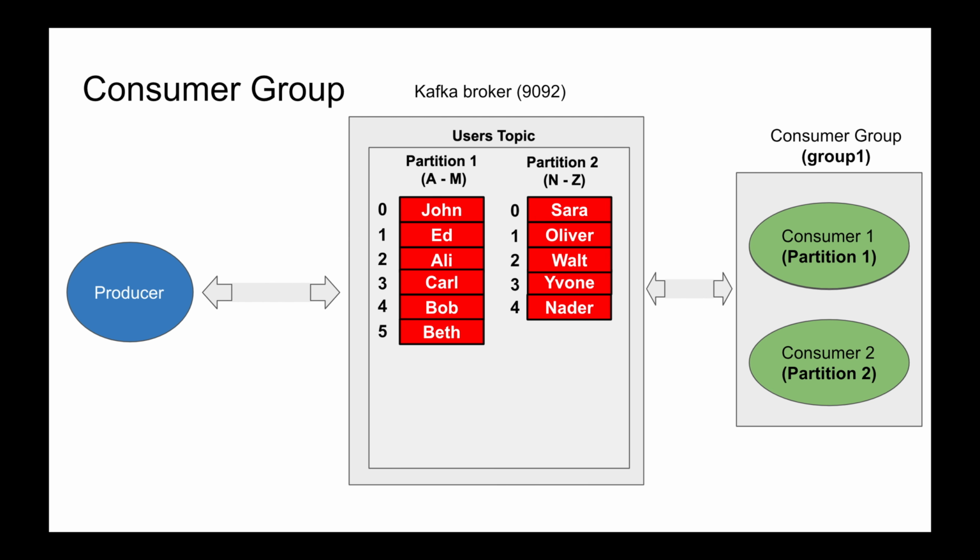You can have one consumer consuming 2 partitions or 3 partitions or 4 partitions, but one partition better be consumed by one consumer. That's the rule. And consumer group makes sure of that, okay?